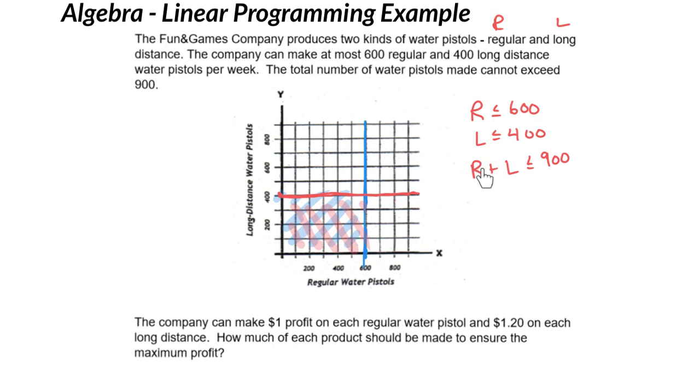The shaded region we make will take care of this kind of problem, so I'm about to put a point at 900 long, even though I said I can't make that. I've got my 900 long right up here if I made no regulars. And if I made no long, I'd also make 900 regulars.